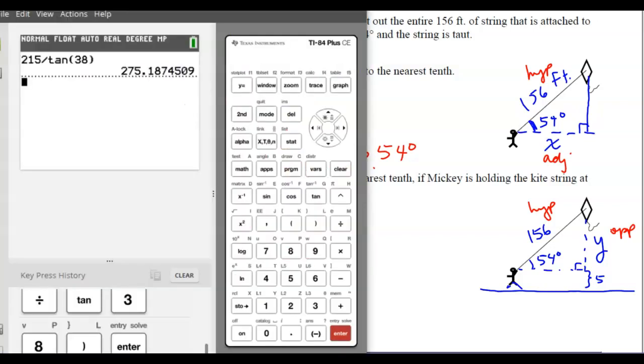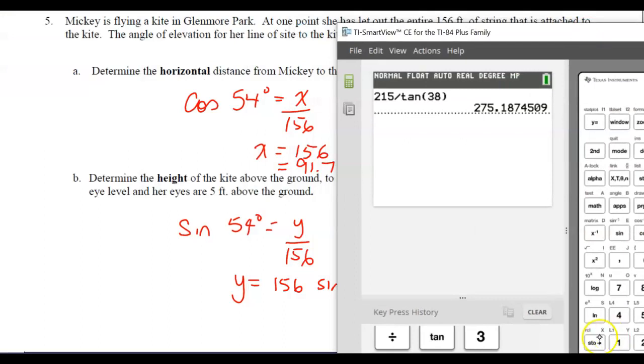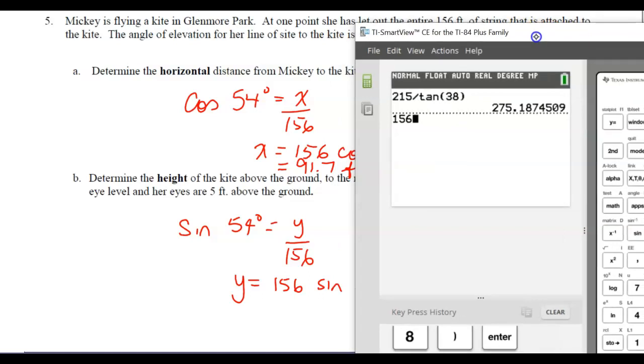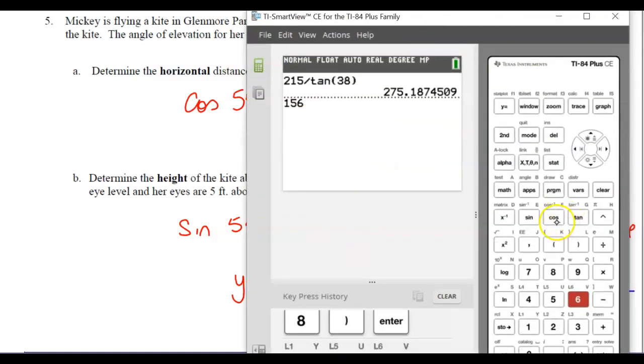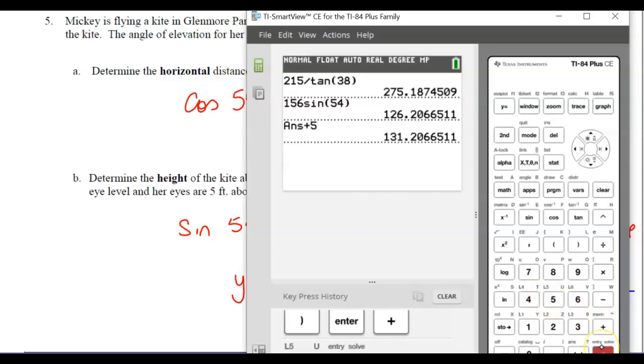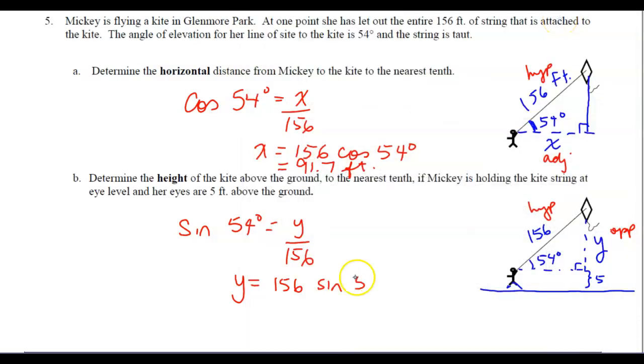I'll use a TI this time. So 156 sine of 54. Close the brackets. 126.2, and then you'll add 5 to that. Okay. So this was 54.